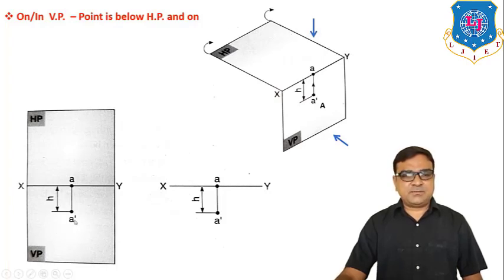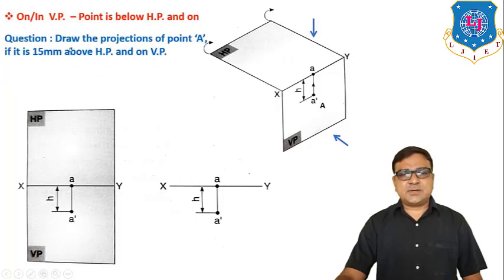So the distance of A dash from XY is h. Suppose our question: draw the projection of point A if it is 15 mm below HP and on VP. Its answer will be like this, in which the value of h is equal to 15 mm. So A dash is below XY and small a is on XY.